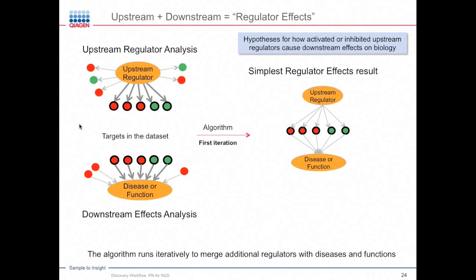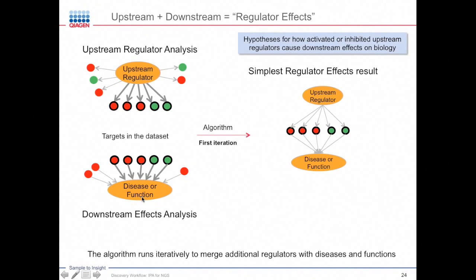You can also do this integration, like I talked about, which is upstream plus downstream, which we call regulator effects. The idea is, if you have an upstream regulator, as I just described, and you have a disease or function, as I described earlier, they're both using molecules that might be in common. So an upstream regulator might be predicted from this set of 5 data set molecules, and the same 5 data set molecules might also impact a function.